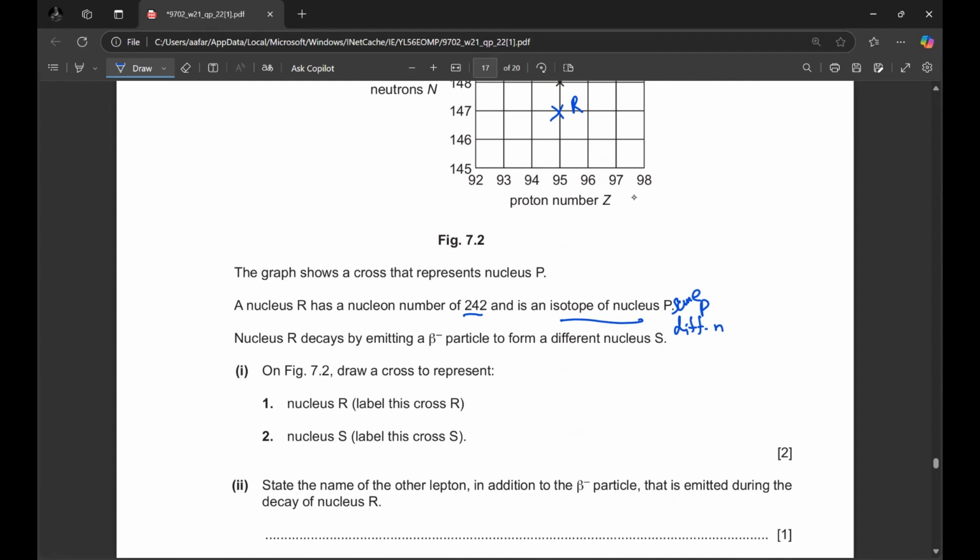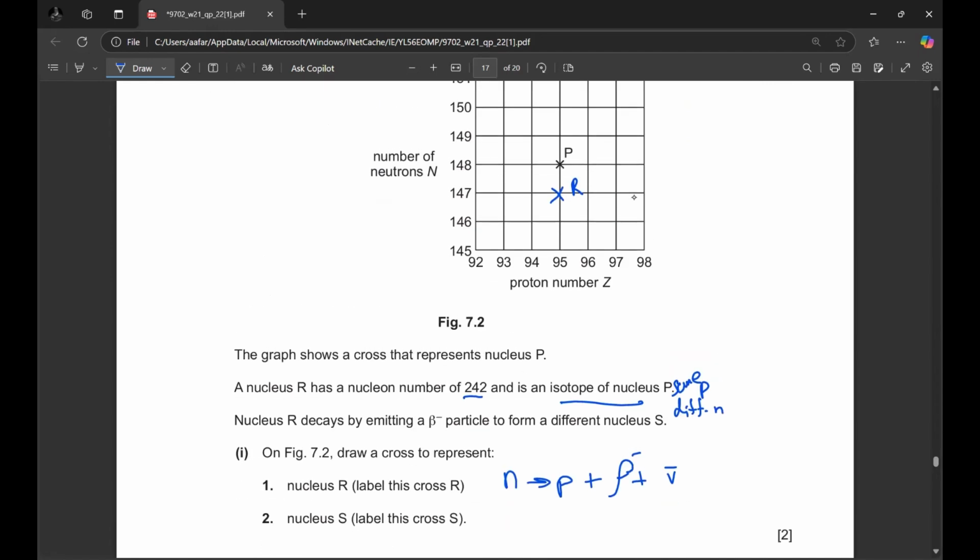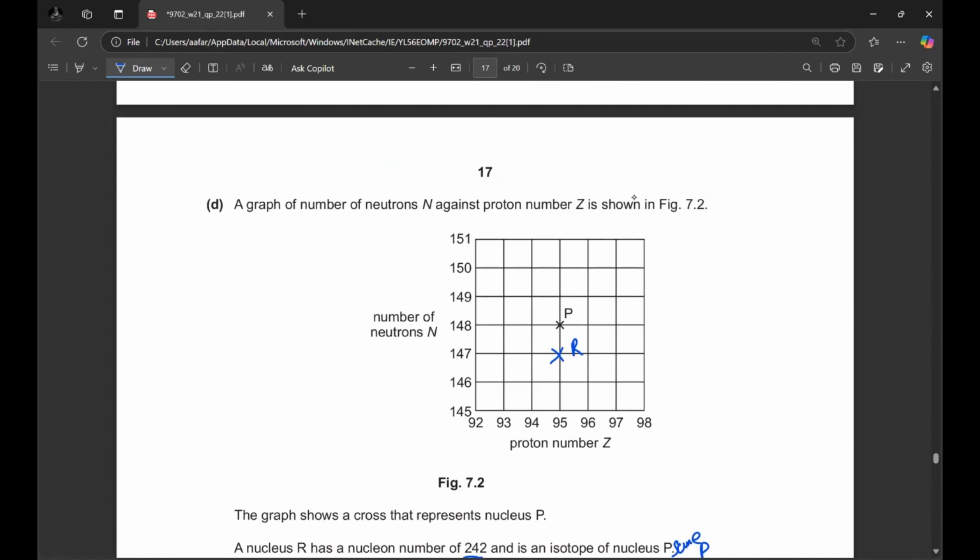It emitted a beta negative particle, which happens when a neutron converts into a proton, producing the beta negative particle and an antineutrino. So its neutron number decreases and proton number increases. So that's where S is going to be.